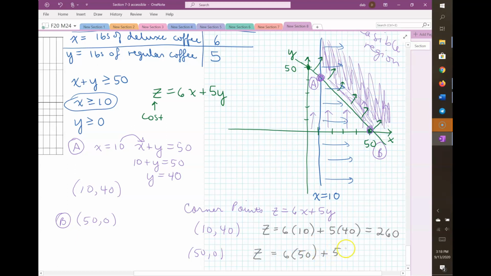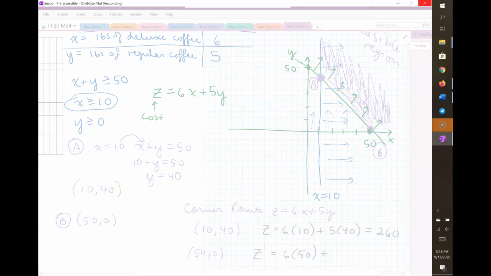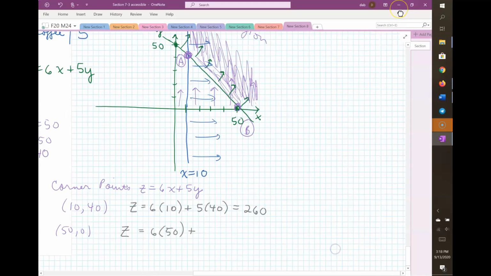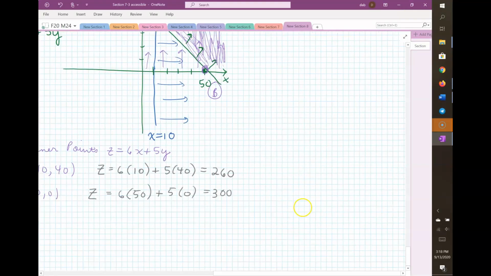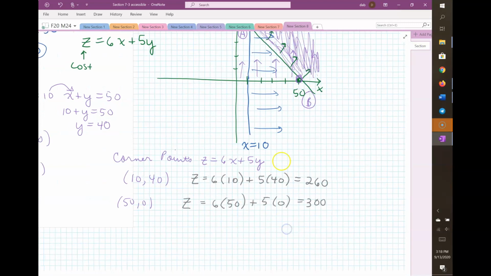Well, now that z is talking about cost, sorry, my page is jumping around. Z is talking about cost. So we want to minimize cost, so we want the smallest. So the smallest z number I see is 260.